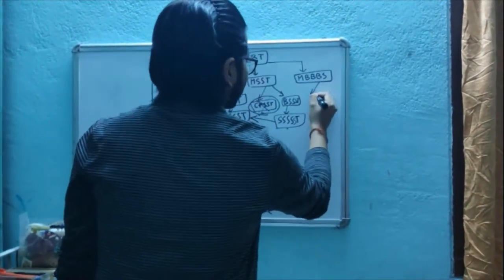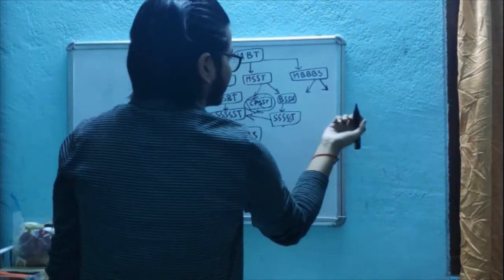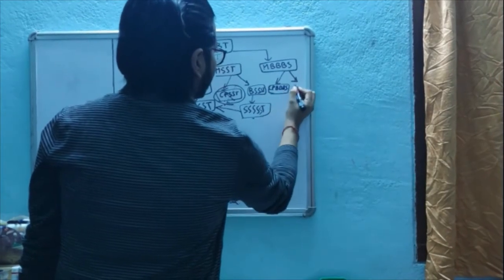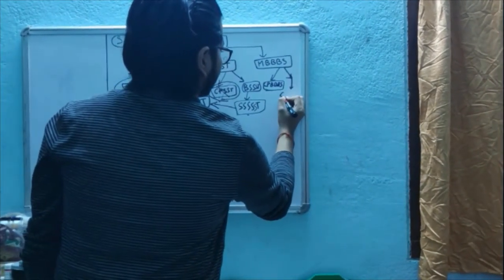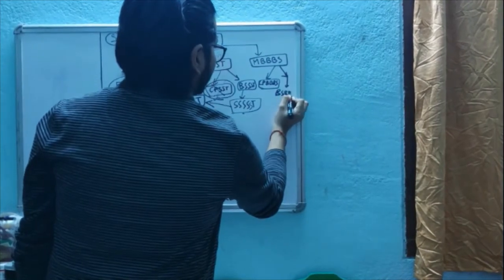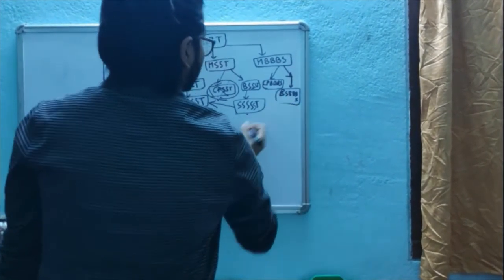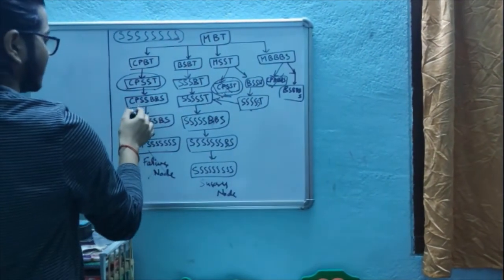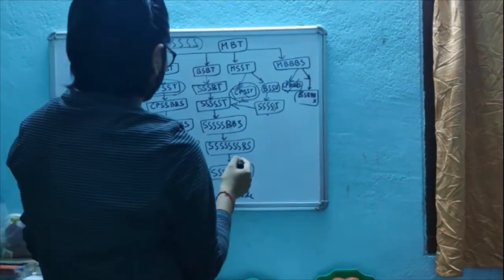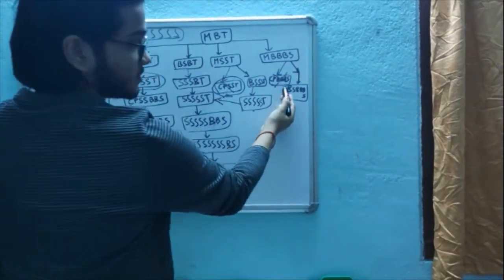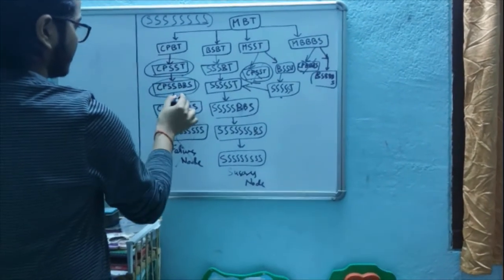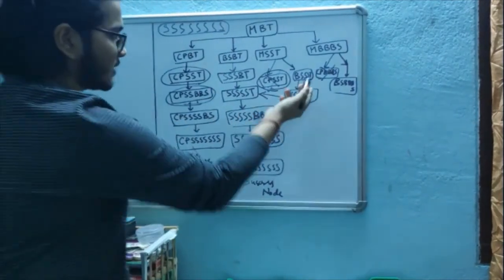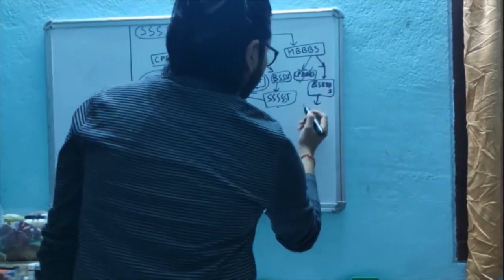Here we can replace M with CP and BS again. We can ignore this node because this is also coming in this node. Replacing all this B, we can get here 1 B. B will be replaced with 2 SS and we will get this. So this can be ignored and we continue with this BS BBS.